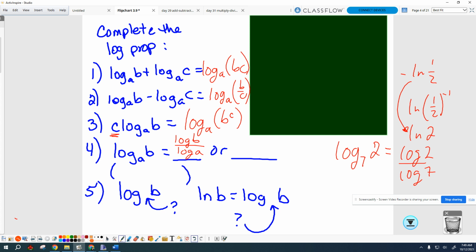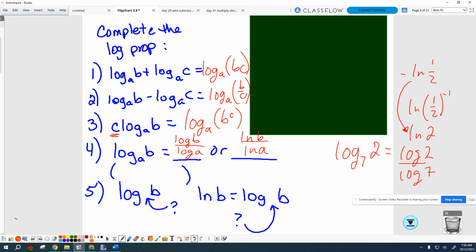And in here, generally, you can do any base you want. Like in computer science, my background, base 2, base 8, base 16, we would do it all the time. And that's not a button on the calculator. But it's also natural log of b over natural log of a. Base goes in the basement.